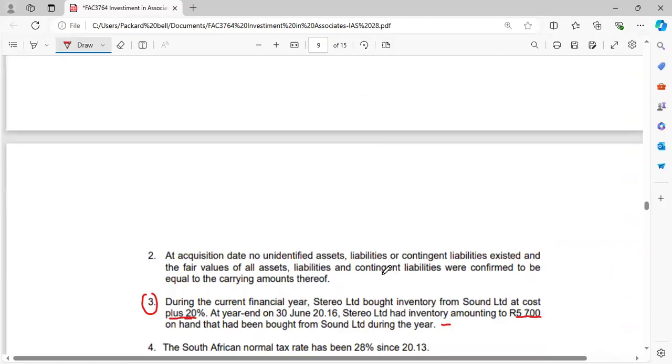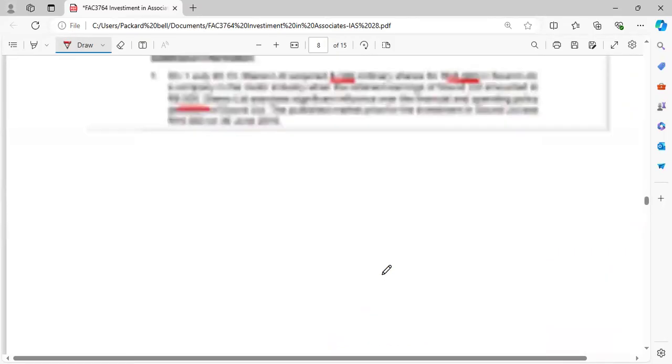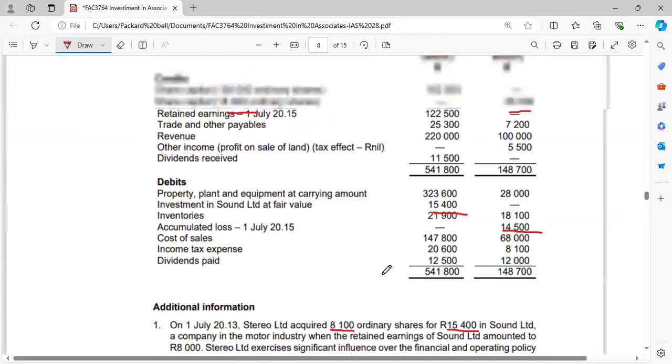Who made profit here? So we are going to look at the profit for the year. They have to share the profit for the year. So we need to calculate the profit for the year for the subsidiary.